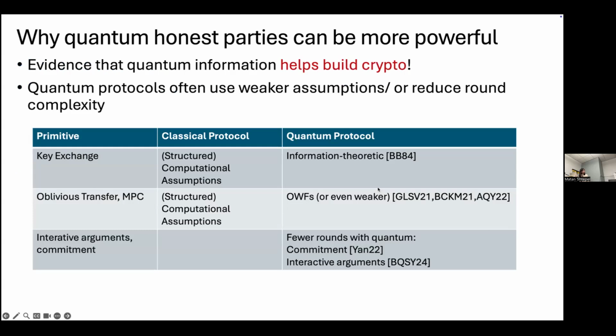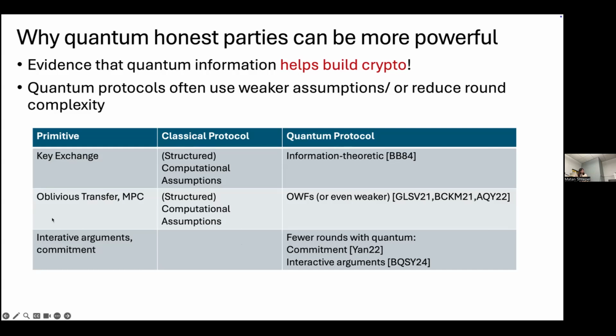But why do we think quantum honest parties can make things more powerful and achieve better protocols? Because there is a bunch of evidence that shows quantum information actually helps you build crypto. Quantum is not always malicious; sometimes it helps you do things as well. For example, the famous protocol is called quantum key distribution, which basically means key exchange, whereas classically you need structured computational assumptions to achieve this notion. With quantum, you can almost do it information theoretically.